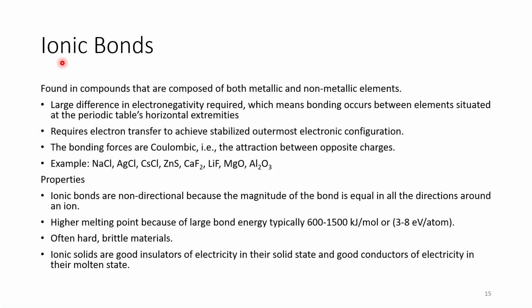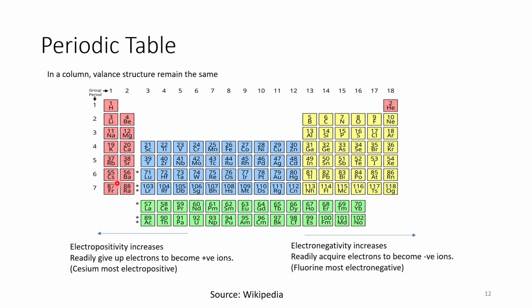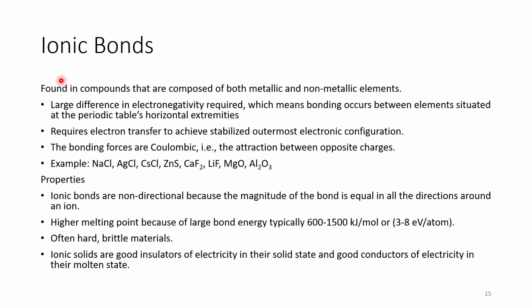Now, ionic bonding is found in compounds that are composed of both metallic and non-metallic elements. So one part will be from this side of the periodic table and the other part from this side. For example, lithium and fluorine, or when they make NaCl, compounds like these will more likely have ionic bonding, and a large difference in electronegativity is required, which means bonding occurs between elements situated at the periodic table's horizontal extremities.